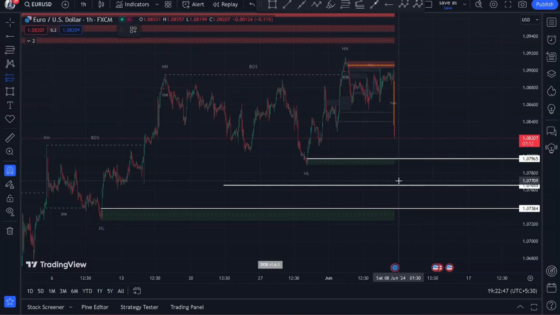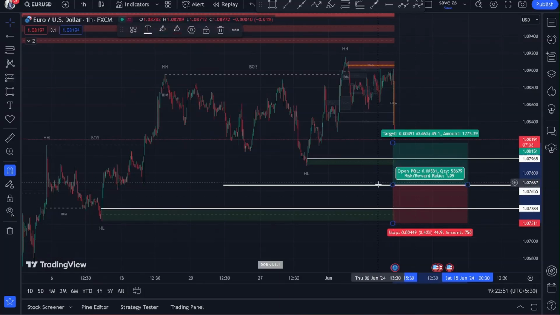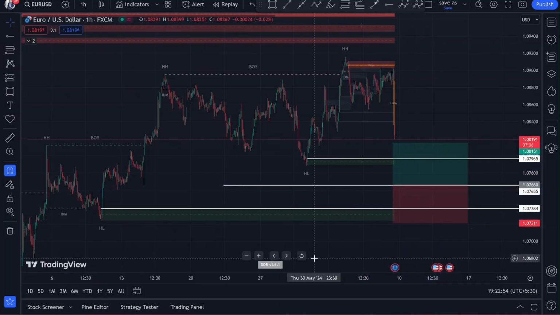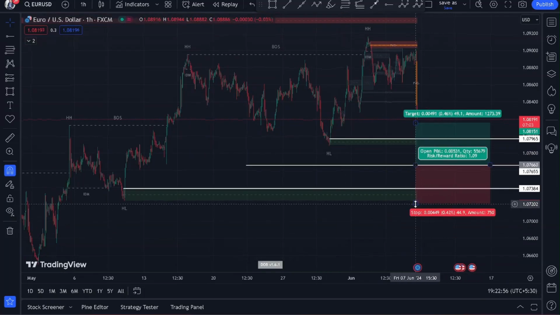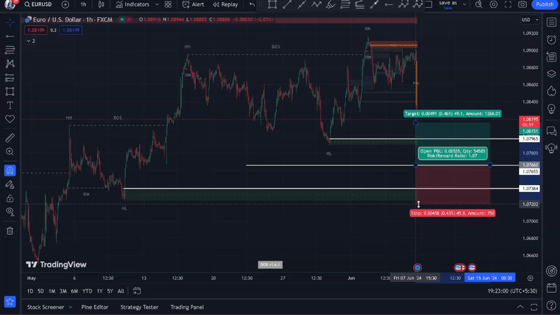So if you're buying half and half lot or 1 and 2 lots, we can buy at both, and the stop loss could be a little bit lower, with the price coming downside.